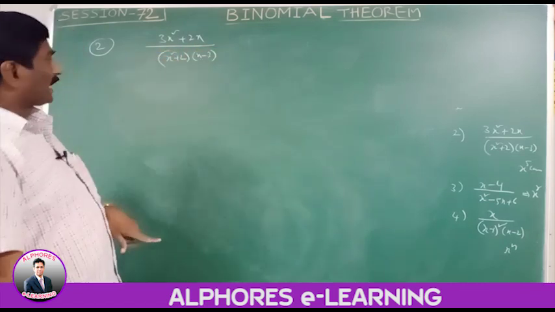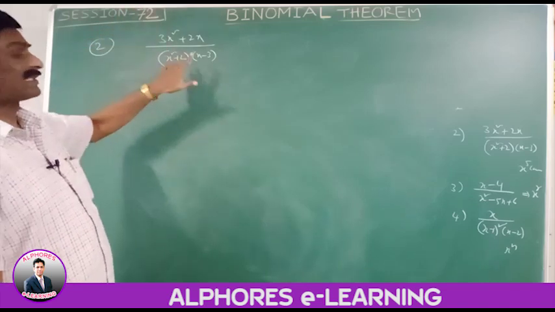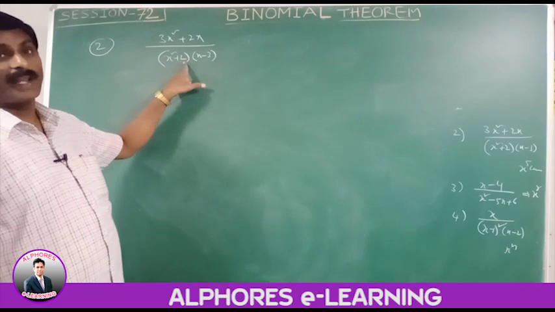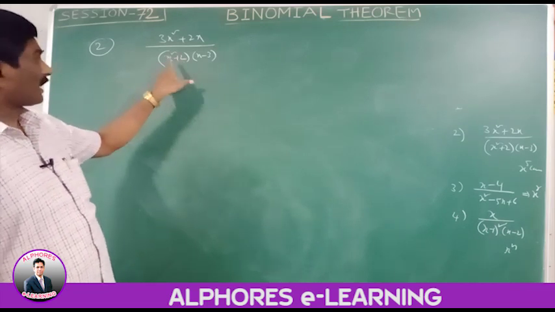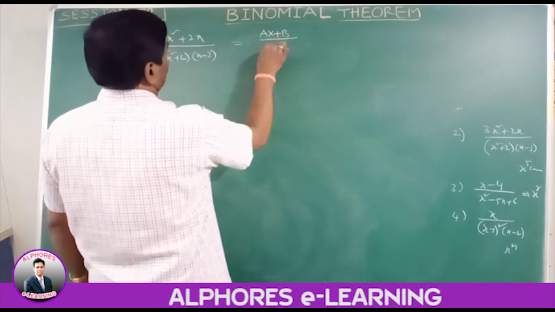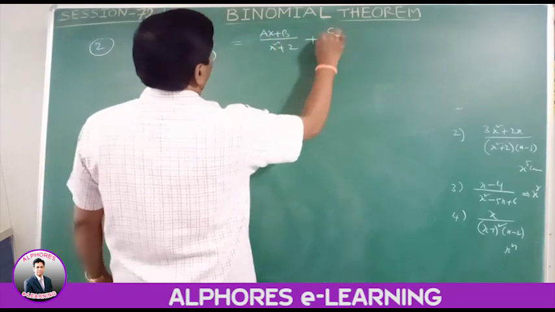Please observe the values. Here the numerator degree is 2, the denominator degree is 3, so it is a proper fraction, and x square plus 2 is quadratic and irreducible. So what are the partial fractions here? (Ax plus B) by (x square plus 2) plus C by (x minus 3).